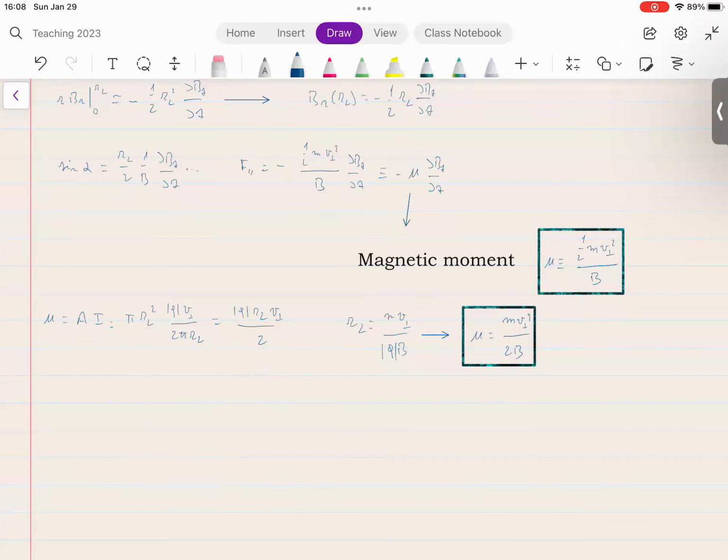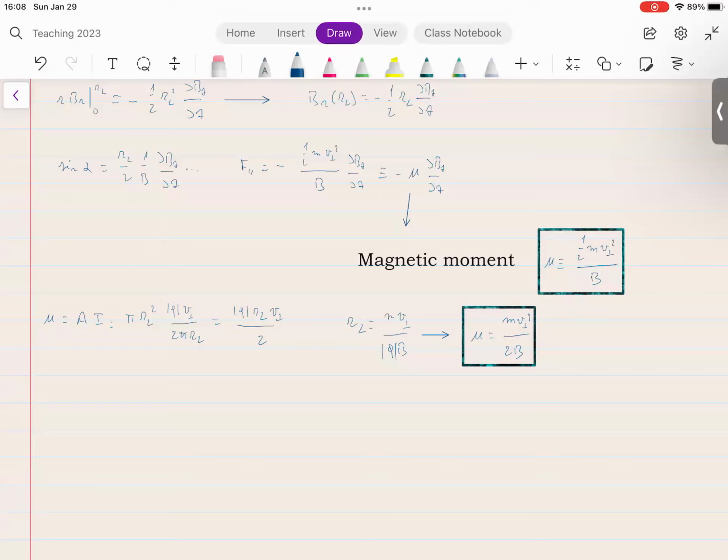Okay, we can do a little bit more on this quantity, but what I'm going to be interested in is the fact that mu is a constant to the motion.